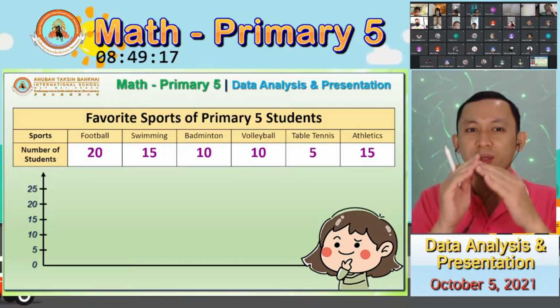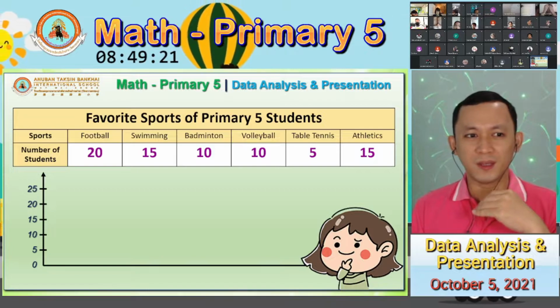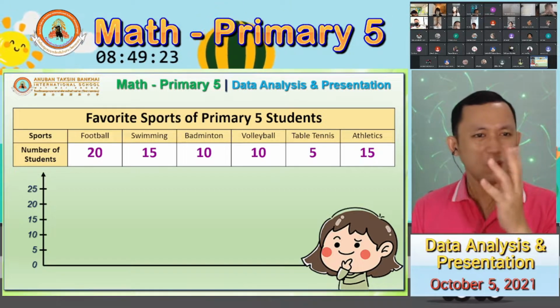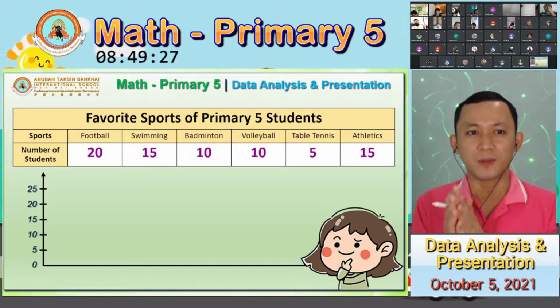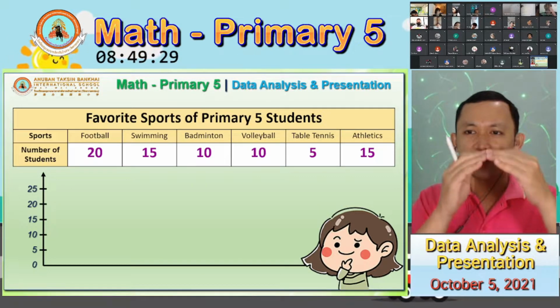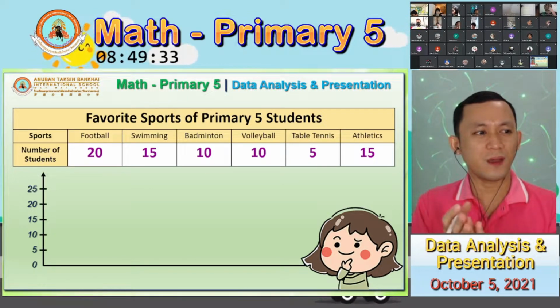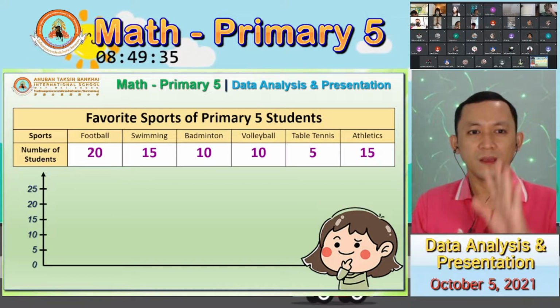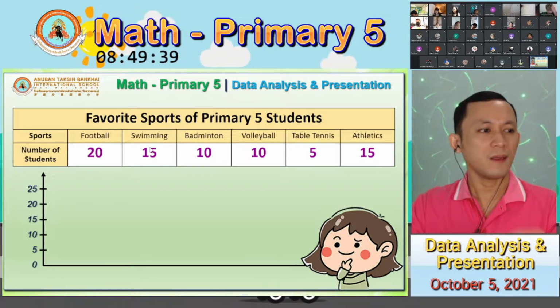If we are going to use 50, 0, 50, 100, it is very difficult, and then we will not be able to show our data properly. So let's analyze this one: we have 5, we have 15, we have 10. I will use an interval of 5.